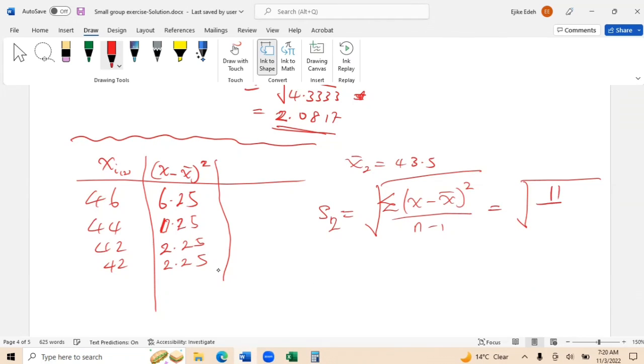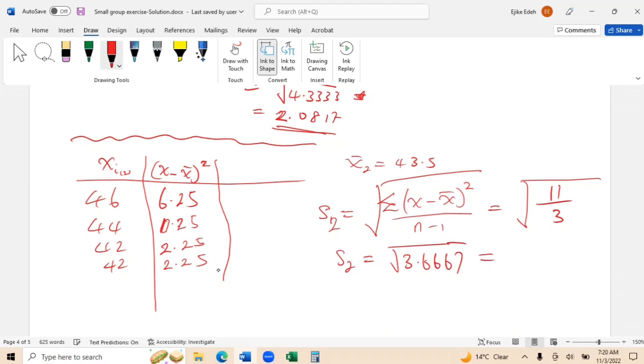So we have 11 divided by n minus 1. We have 4 minus 1, which is 3. So S2, the standard deviation of group 2, is the square root of 11 divided by 3, which is the square root of 3.6667.